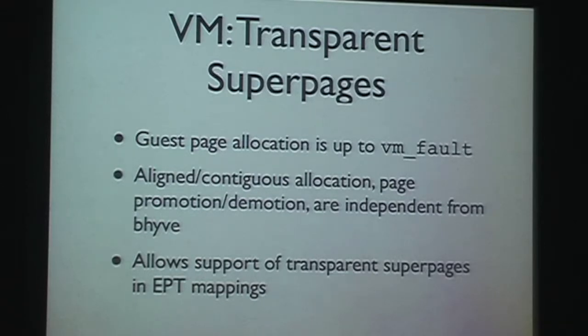Basically, we just call VM fault, and then the VM system can do all the work for us. It can try to find physical pages that have the same alignment. It'll do contiguous allocations. It uses the PMAP layer to promote 4K mappings up to 2 megabyte mappings and back down again. So we didn't actually have to do any work at all to be able to use transparent super pages.